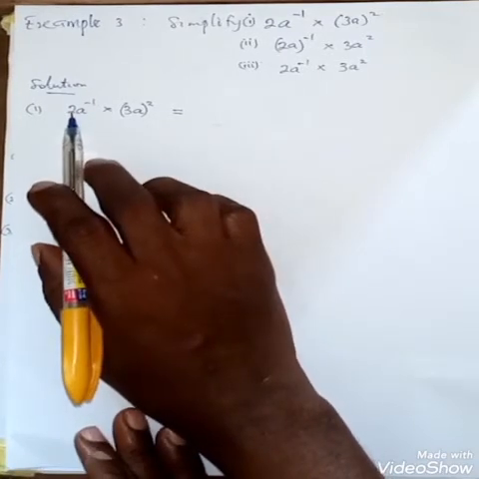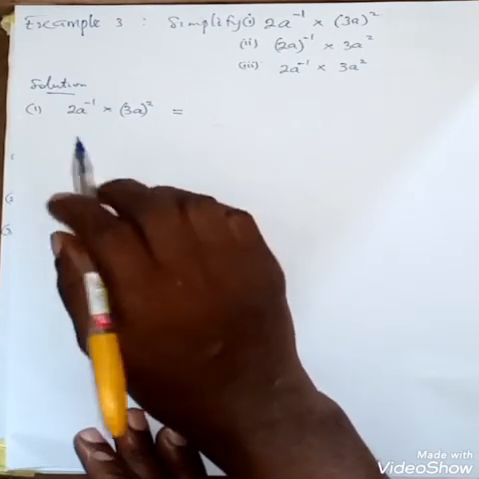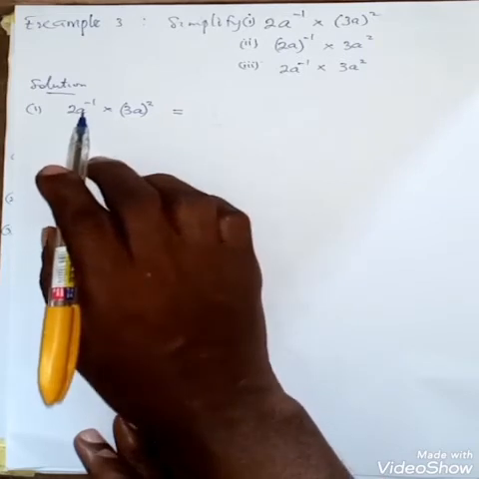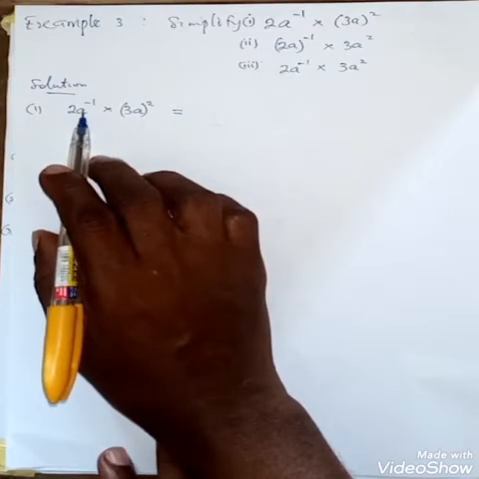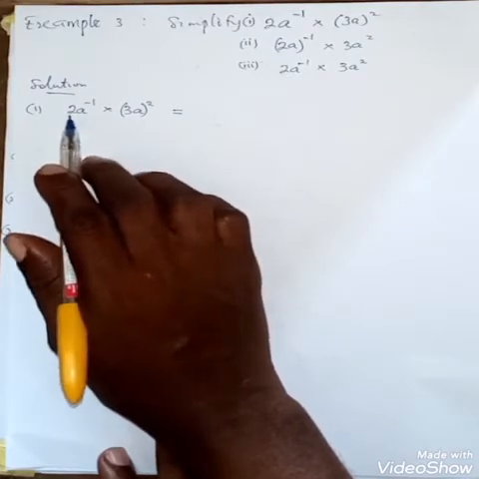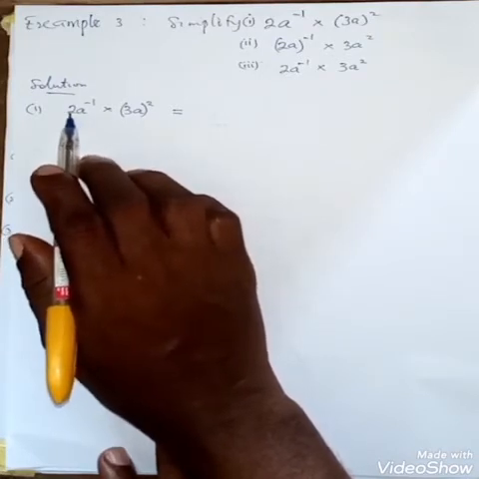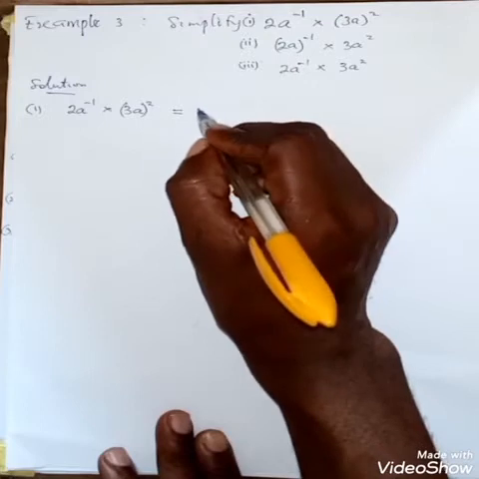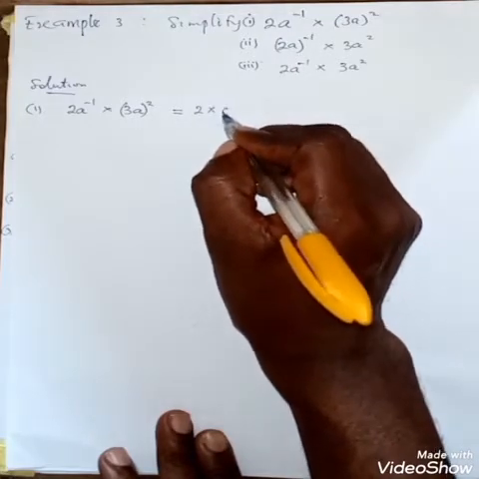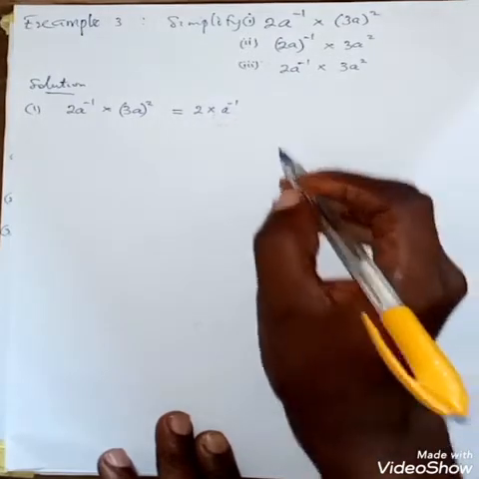So what I have here is 2a raised to the power minus 1. So when I have a letter following a number immediately, or when our base has a coefficient, it is better we separate the coefficient and the base with what? Multiplication sign. So that first of all gives 2 times a raised to the power minus 1.